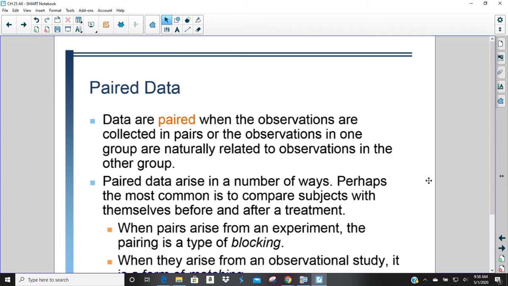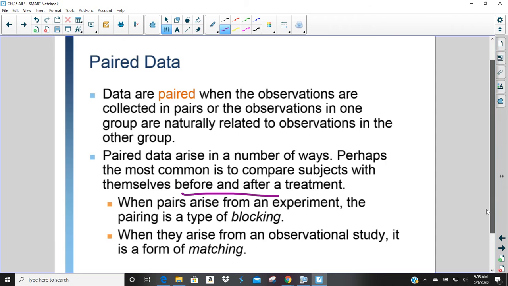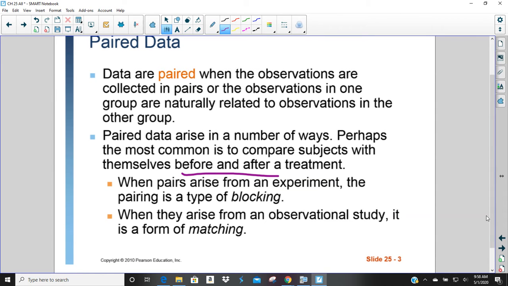So what is paired data? Data are paired when the observations are collected in pairs, or if the observation in one group is naturally related to the observation in another. The most common way we see this is called before and after. Anytime you have something before and after, weight gain or loss, a diet, some sort of tracking of mileage, those would all be considered paired.